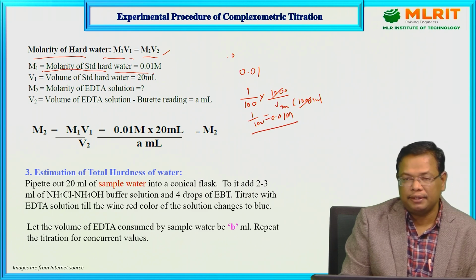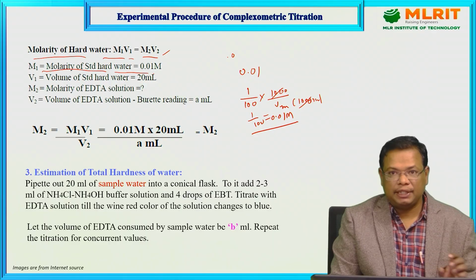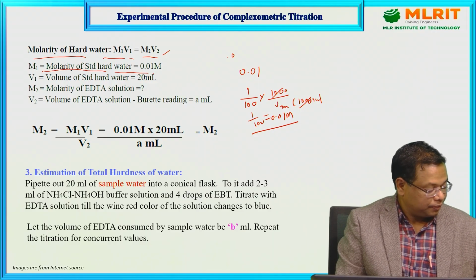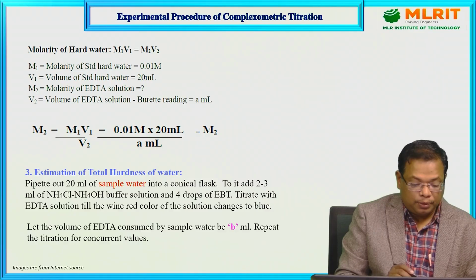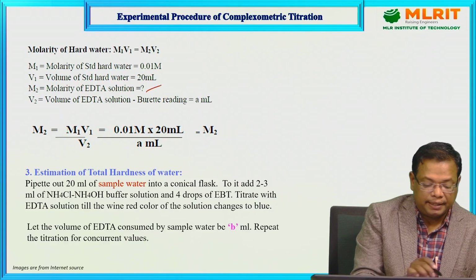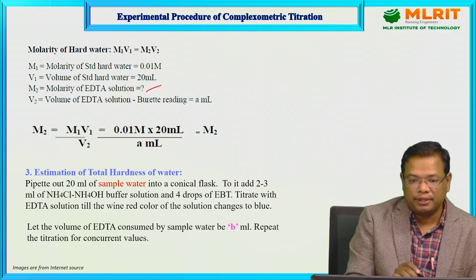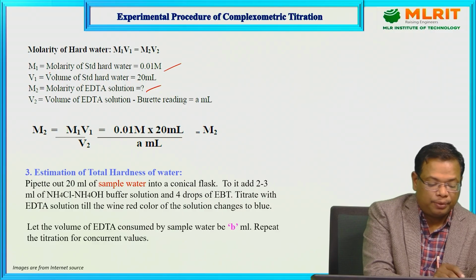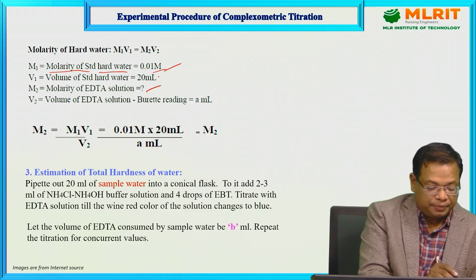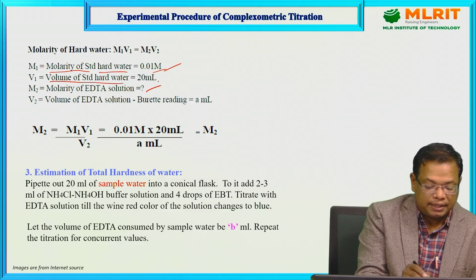So this is the 0.01 molar standard hard water. To know the concentration of EDTA, we must know some known solution. That known solution is the standard hard water, with molarity 0.01 molar. The volume of the standard hard water is 20 ml.